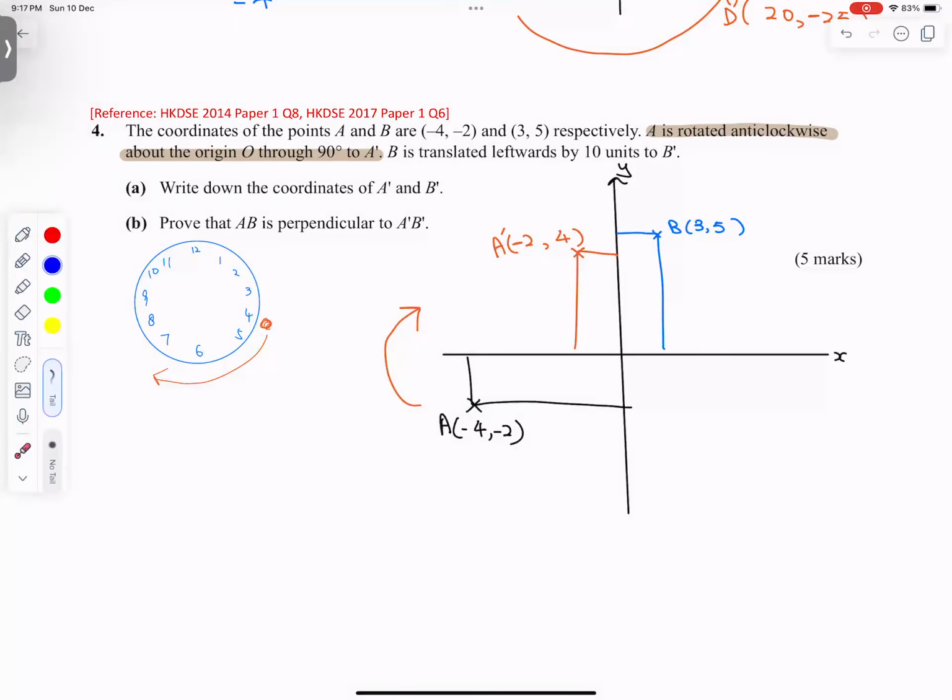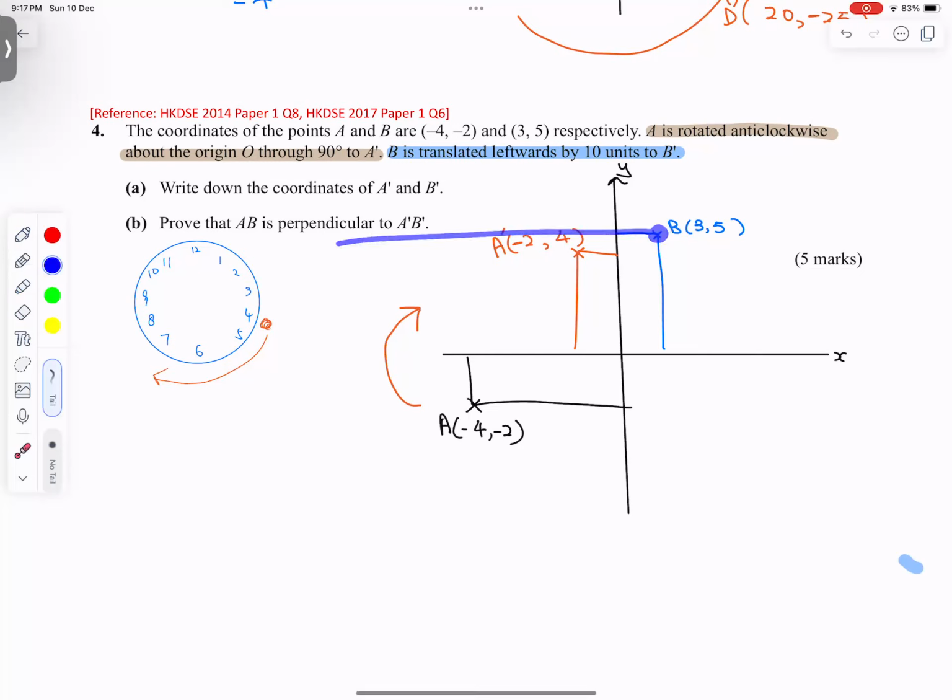How about for B? What's happening to that? B is translated leftward. So B is going to the left side. How many steps? 10. 10 left. So where it is originally, it's here.